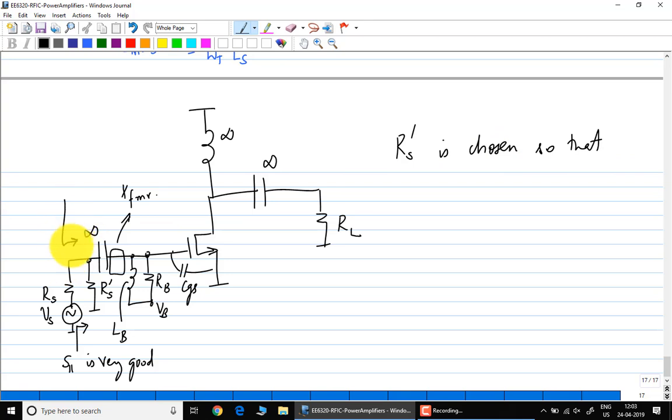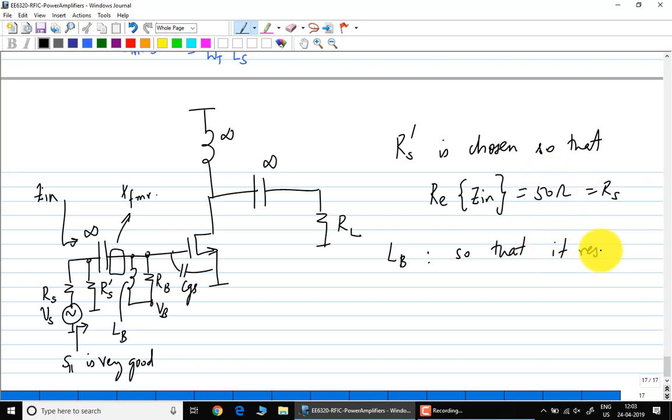So this is what you would choose. LB is chosen such that it resonates with CGS.